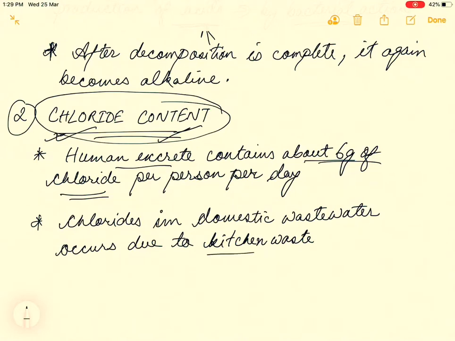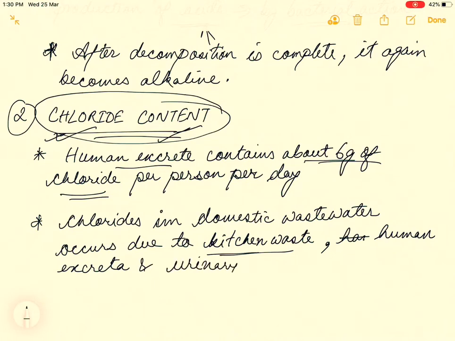Then human excreta and urinary discharges; obviously from urine also chloride gets into the wastewater.